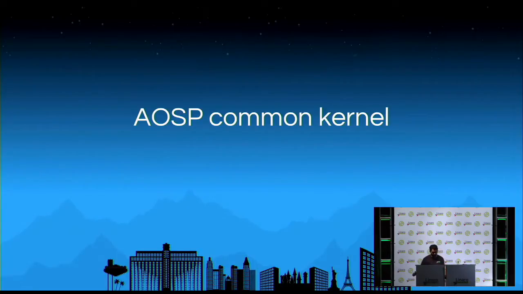So, AOSP common kernels. AOSP common kernel trees are hosted in the AOSP tree. These are the core features or patch sets which Android developers created to support the Android operating system at that time. These common trees also serve as a reference tree for vendor SOC trees, those Linux kernel trees, the Nexus kernel trees.